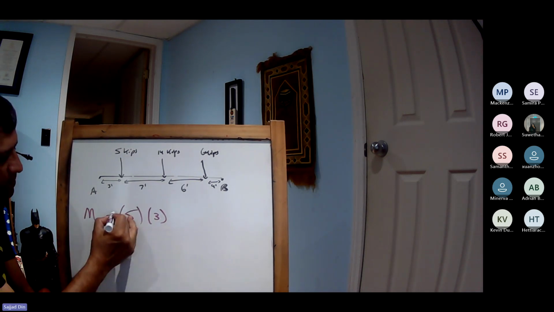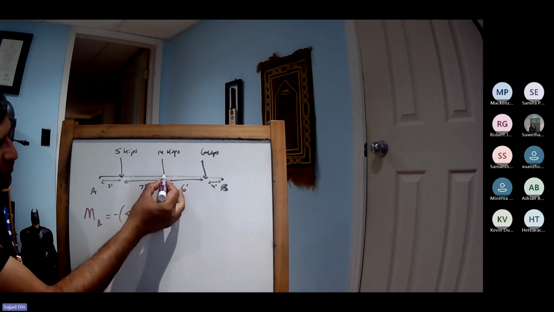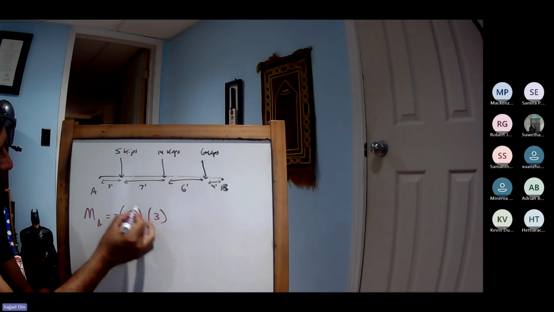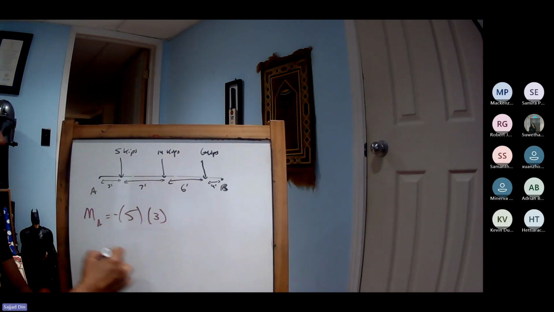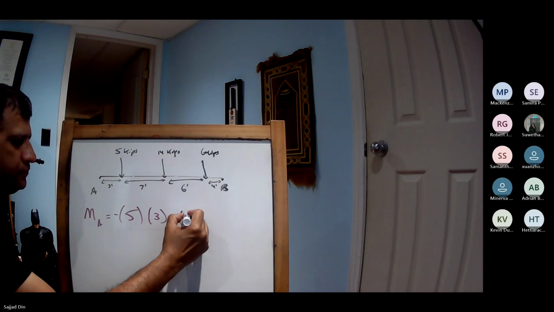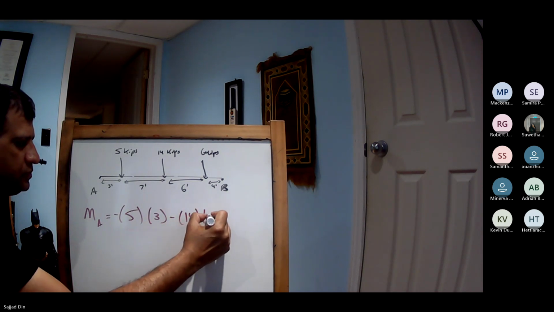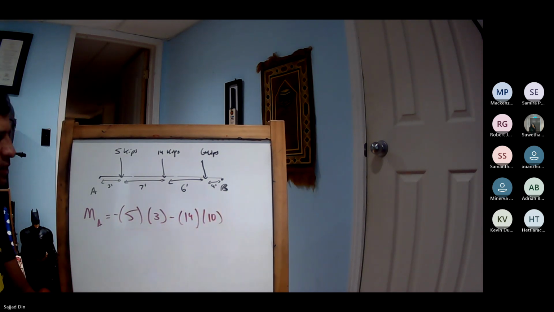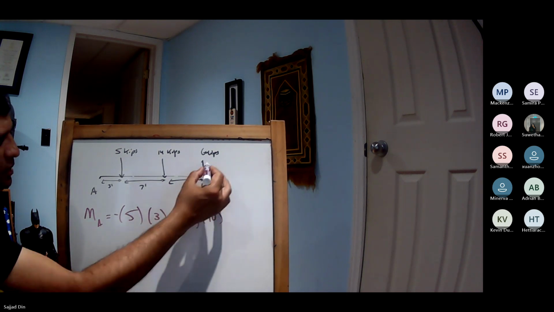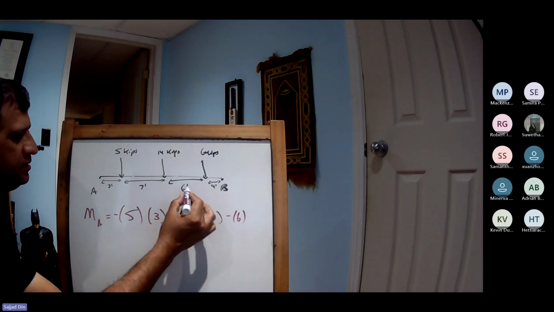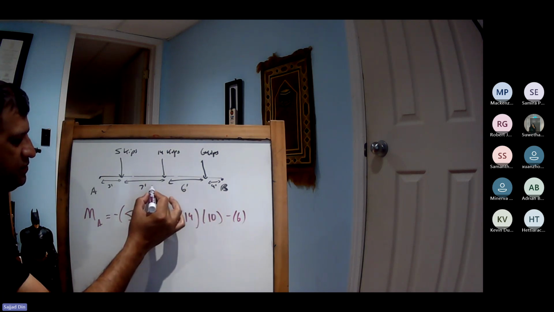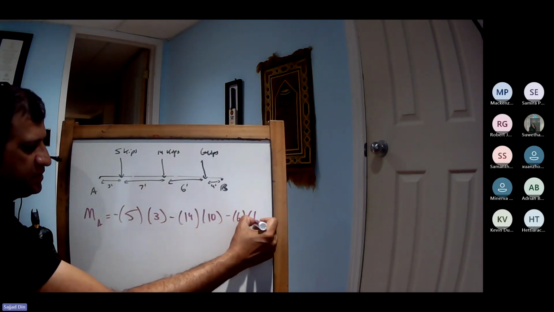I would say so, so minus. Then it's 4 kips times 10, 3 plus 7. Is it going to be clockwise? Yes. Again, minus 6 times 6 plus 7, 13 plus 3, 16.